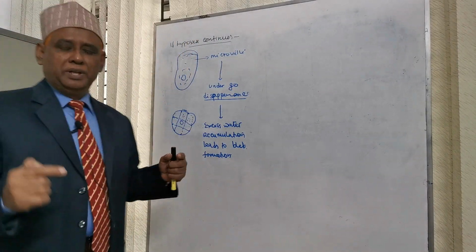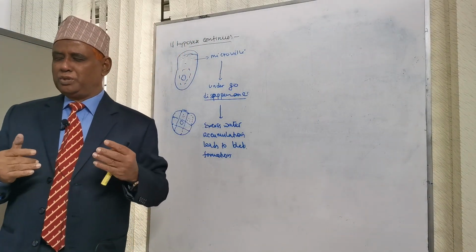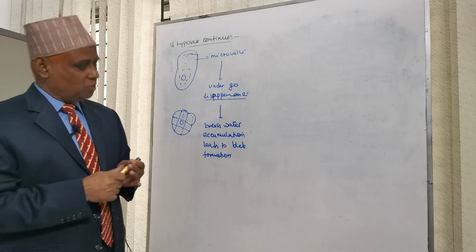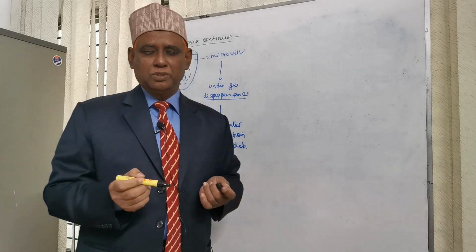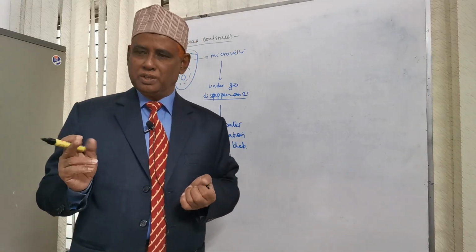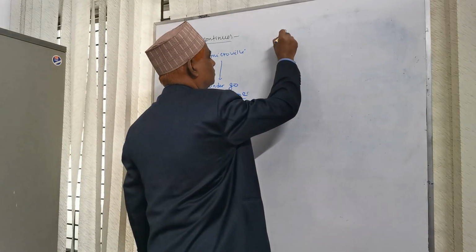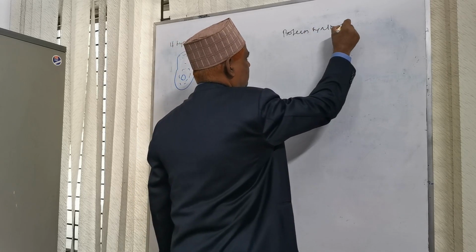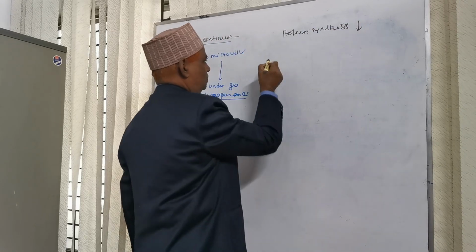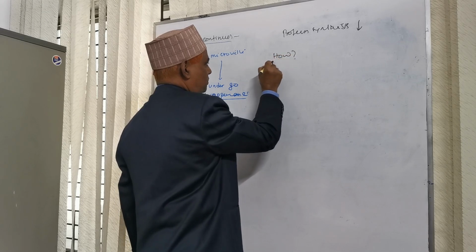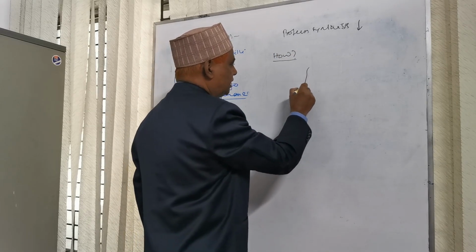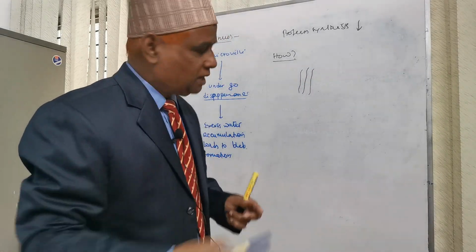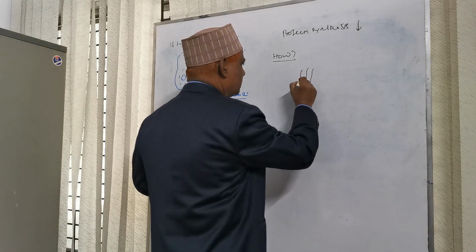I have told you decreased ATP synthesis is associated with cellular swelling and it is associated with decreased protein synthesis. Now let's see how decreased ATP is associated with decreased protein synthesis within the cell. Within a cell there is endoplasmic reticulum, and this endoplasmic reticulum contains ribosomes on its surface like this.